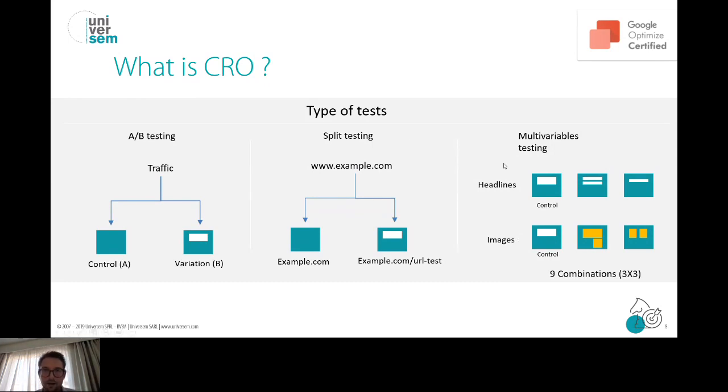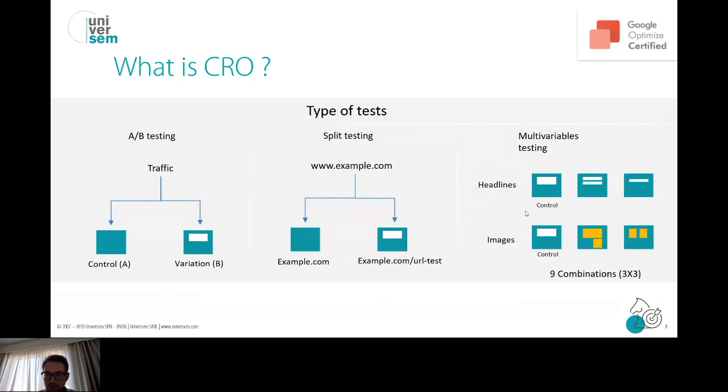And finally, the last test, which is great and that we recommend a lot, but we need to have enough volume, is the multivariable testing. In the multivariable testing, you can define different, for example, headlines, or a different structure. Let's imagine 3 different headlines, and then 3 different images.